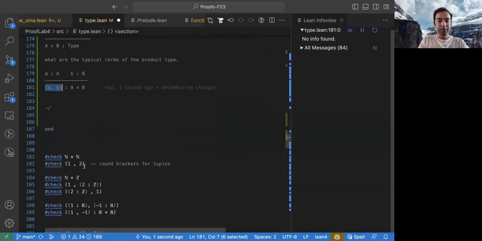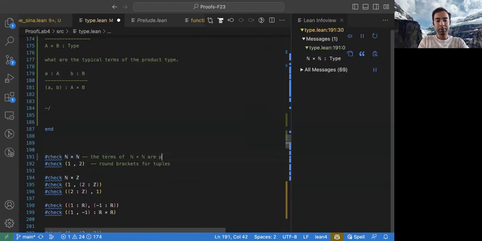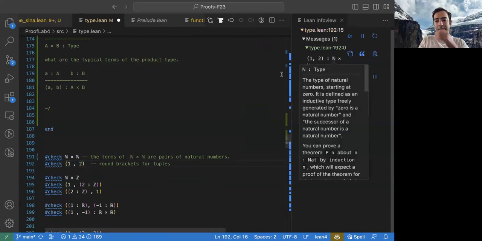So for example, because natural number is a type, I can cross it with itself. So that gives me a new type. And now the terms of this are pairs of natural numbers. And when I check 1 and 2, indeed, I do get a term of nat cross nat.